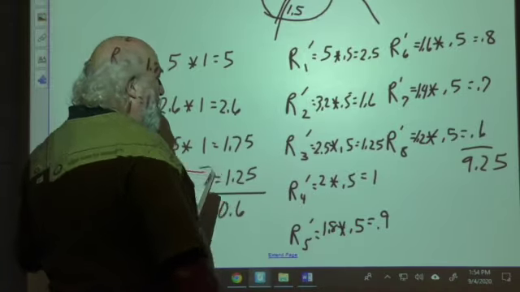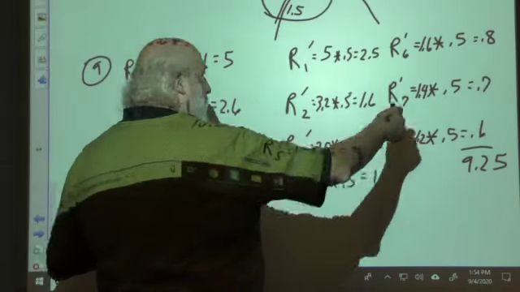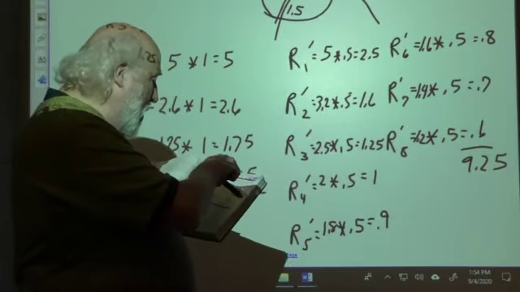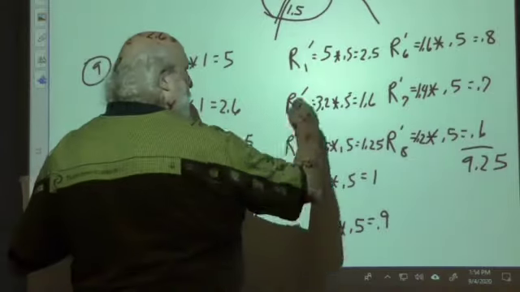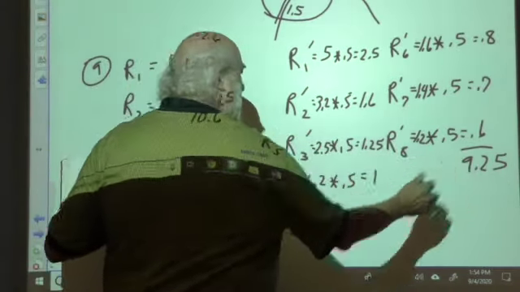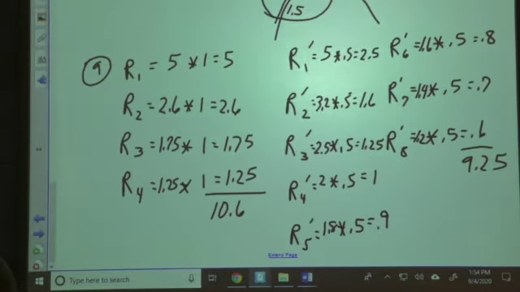And I found 5, 3.2, 2.5, 2, 1.8, 1.6, 1.4, 1.2 for the heights of those 8 rectangles. And then I multiply by 0.5 to get the area, and I add all 8 of those up, and I get 9.25. So what's that telling us?